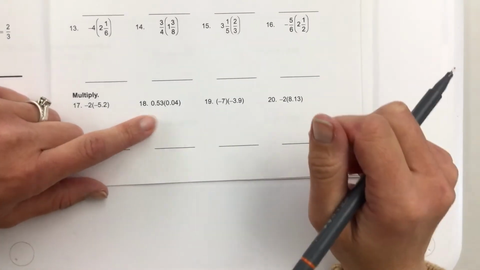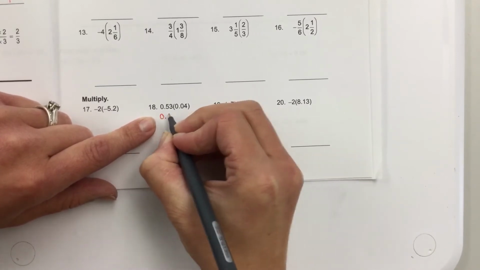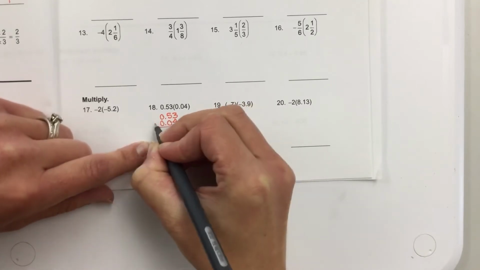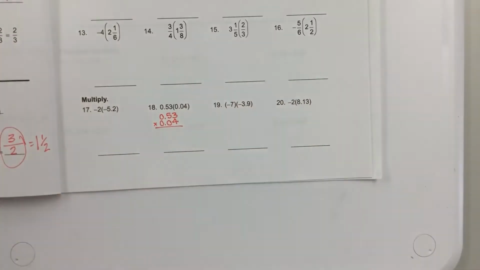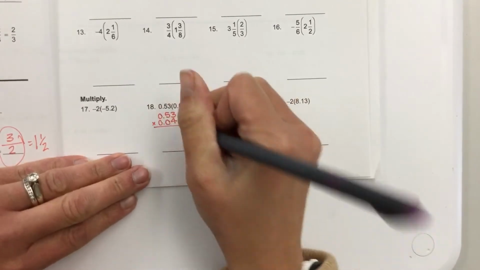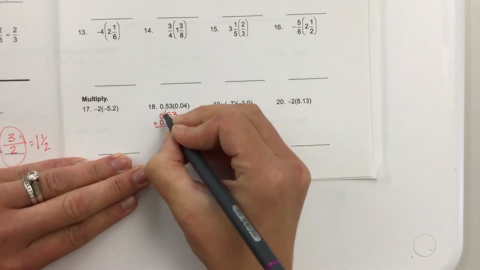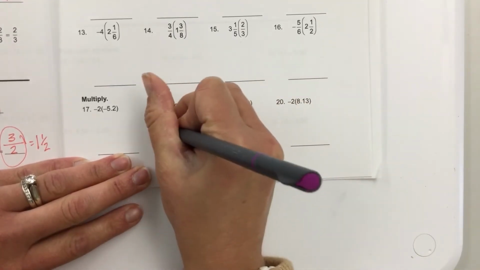Let's do number 18. I always put the one with the most digits on the top, but in this case they both have the same amount of digits really, except those zeros don't do anything. So now you multiply like normal. You do not have to line up decimal places. 4 times 3 is 12. 4 times 5 is 20, plus 1 is 21. 4 times 0 is 0, plus 2.